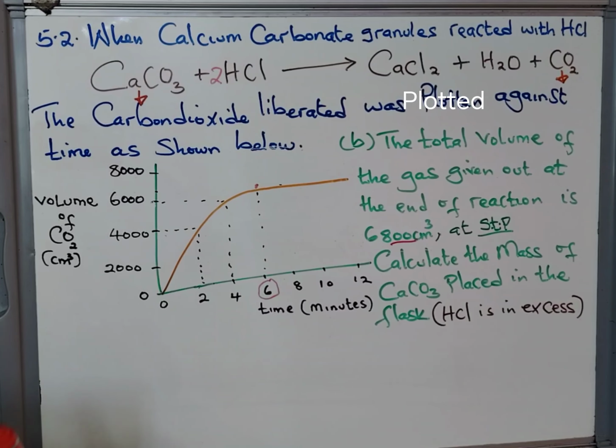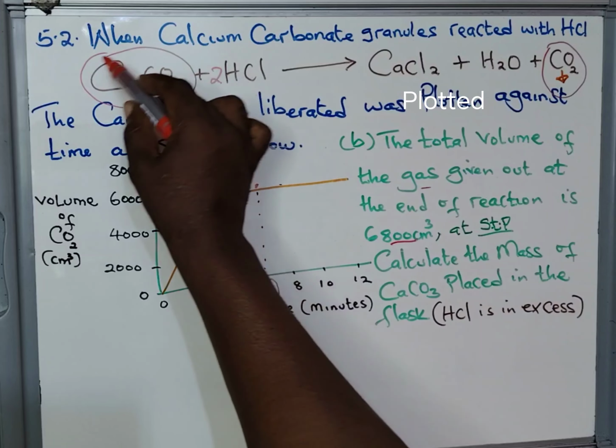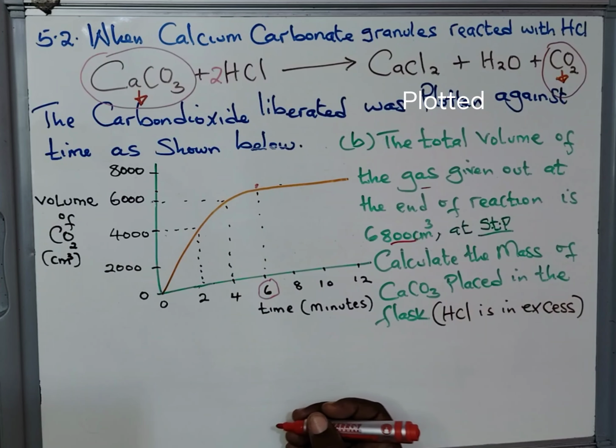To answer this question, you need to earmark what part you are going to get from the equation. So we are going to use the equation to find out a relationship between our gas and calcium carbonate. Our gas is carbon dioxide, and our interest is in calcium carbonate.